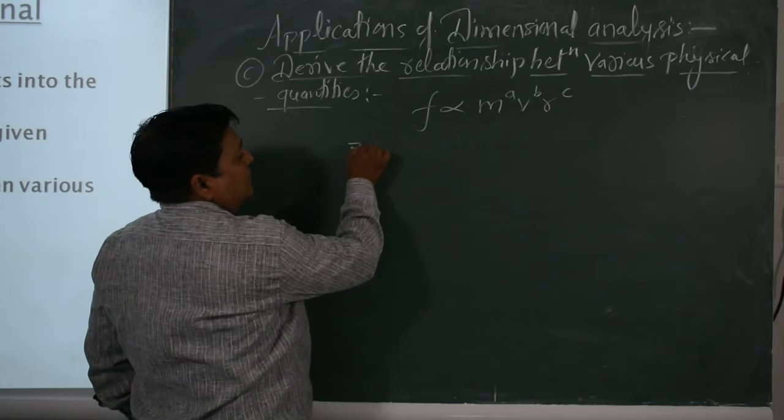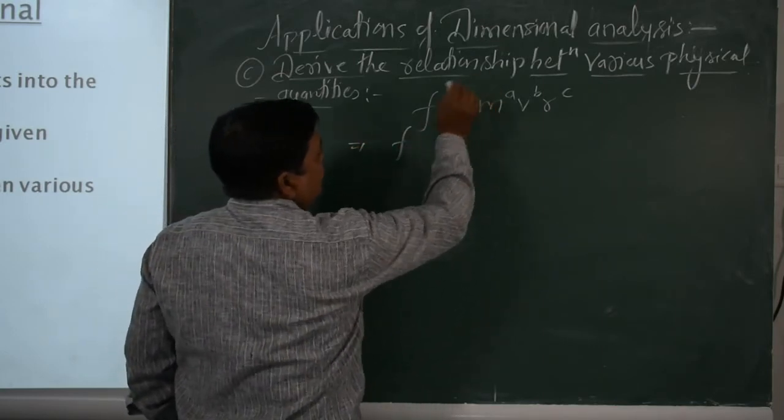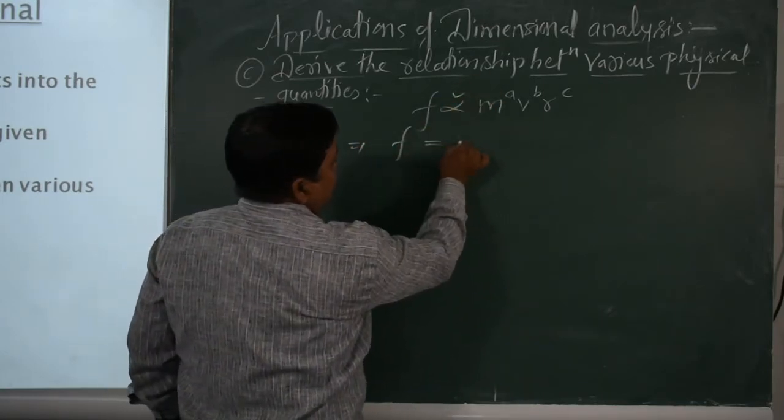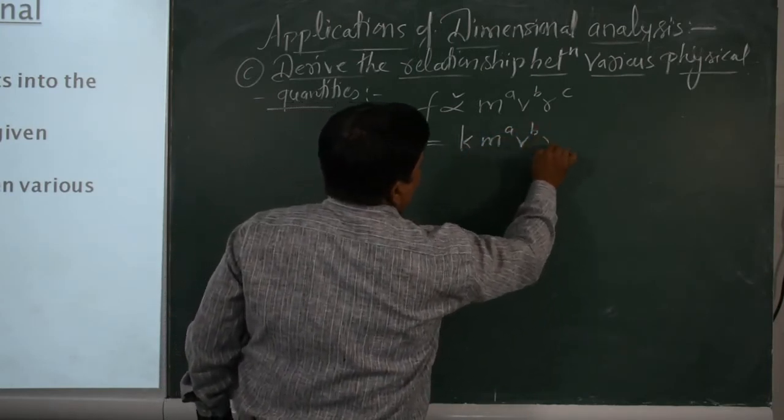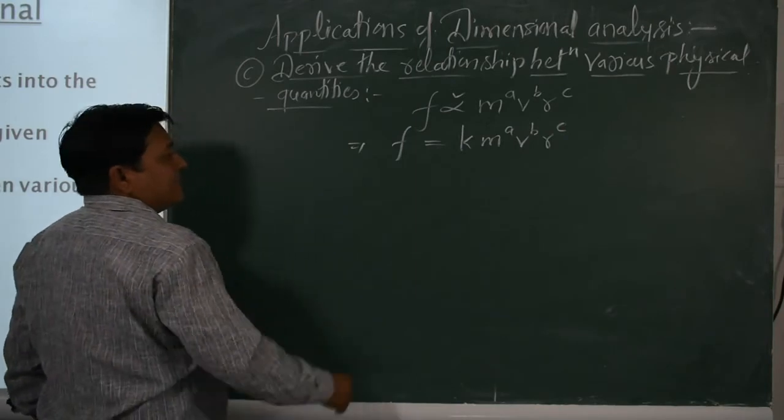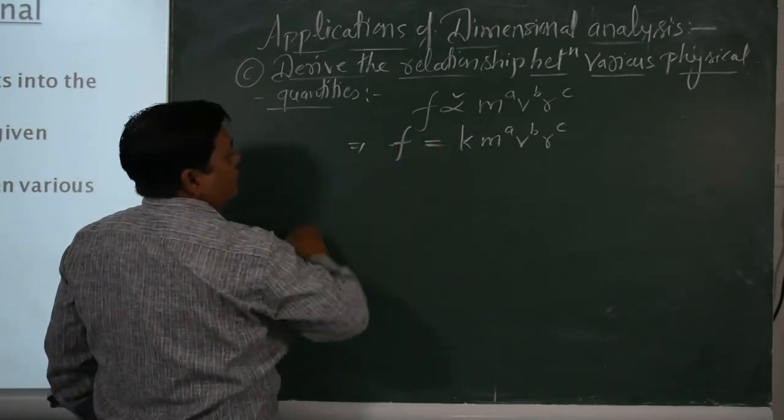So, we write here F by taking out this proportional sign, we keep here constant k, m to the power a, v to the power b and r to the power c. What is the dimensional formula of force?